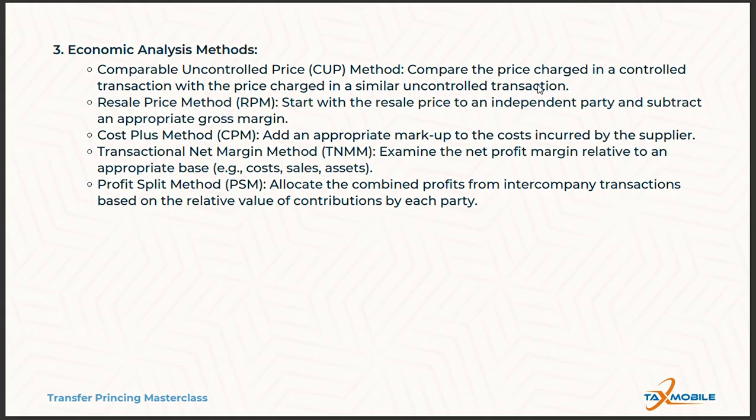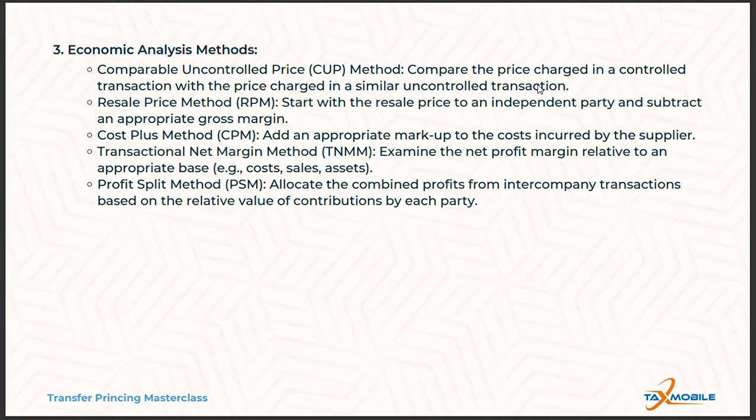Now, the profit split method is often used in complex integrated operations such as global supply chains or joint research and development projects where both parties make significant contributions to intangible assets. This method splits the combined profits from intercompany transactions based on the relative value of the contributions made by each party.